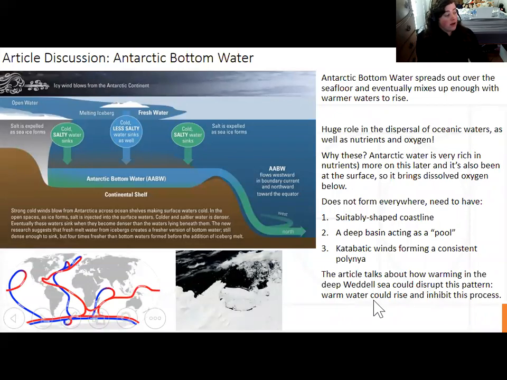Now, one of the articles I assigned, article number 2, talks about one of the sites of Antarctic bottom water formation, the Weddell Sea. And what's happening in the Weddell Sea is that a study that's been occurring over the course of 30 years or so has detected the water below 2,000 meters warming much faster than the surface water.